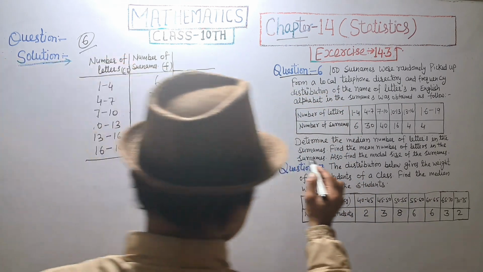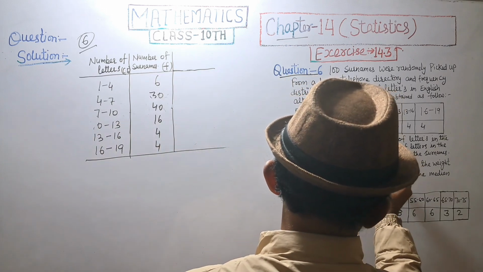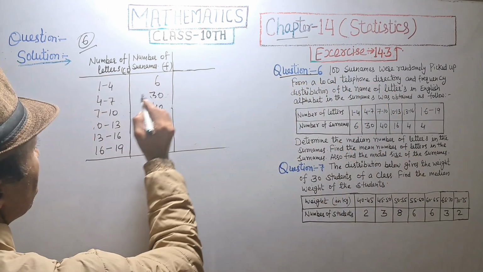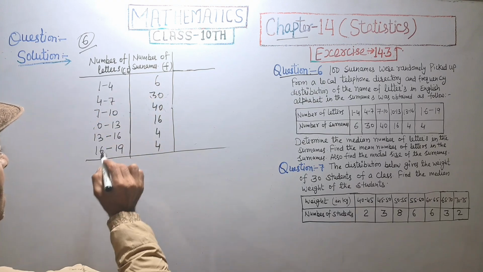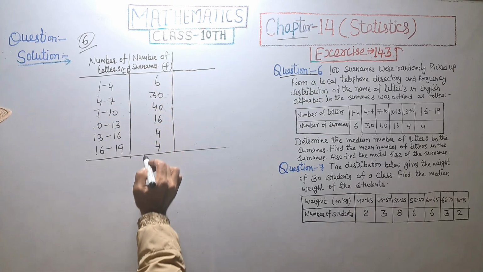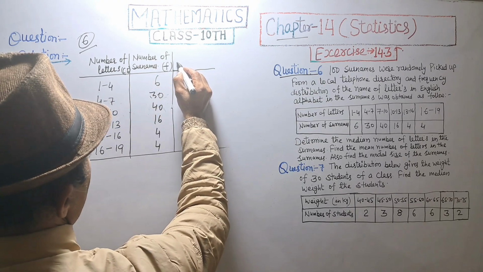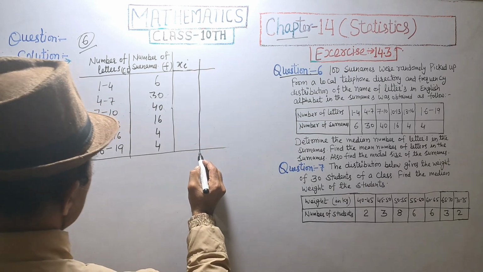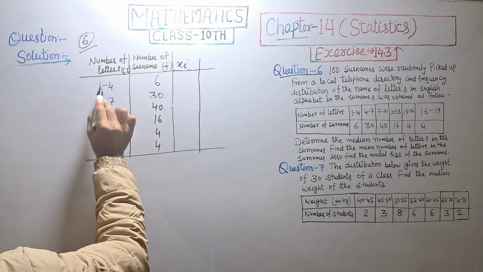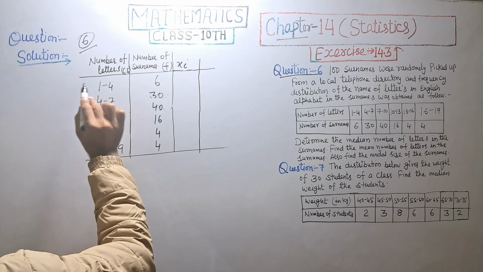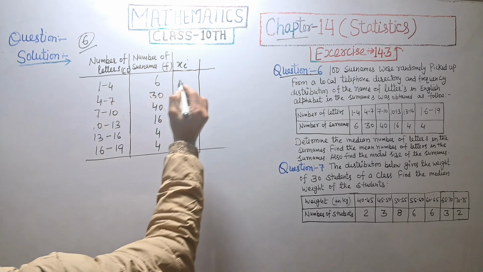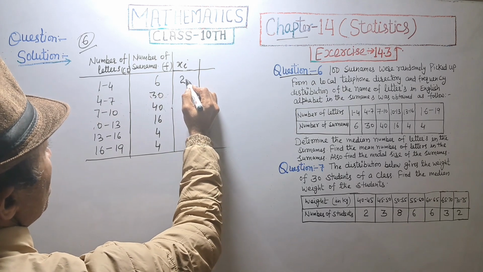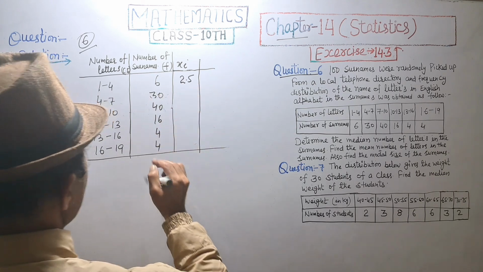Question number 6. Find the mean of the number. Class interval is here and frequency is given. So xi, that is the mid value: xi is equal to 1 plus 4 upon 2, 5 upon 2, that is 2.5.